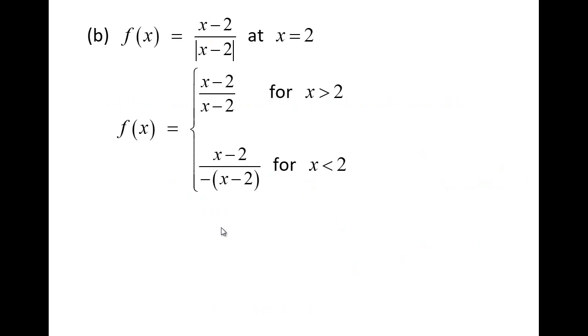So notice that if x is bigger than 2, inside the absolute value here, x minus 2 would be positive. So if x minus 2 is already positive, then you don't need to put the absolute value signs. So then I get x minus 2 over x minus 2 here, which would be equal to 1.